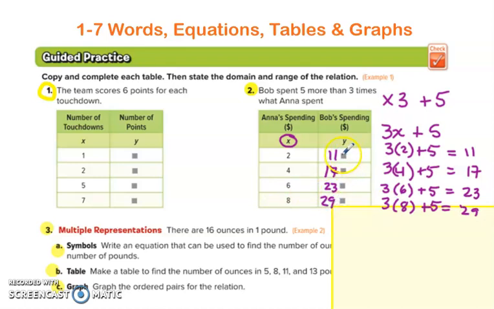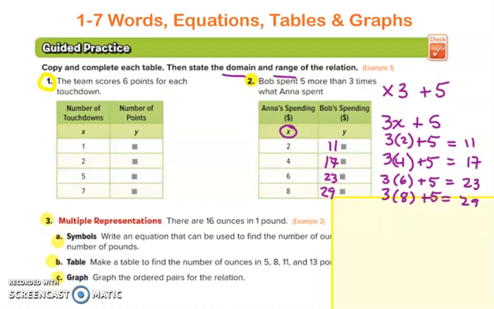I may ask for you to write down all of these in this column, and then I may not. I may ask for just one of them. What is the value for 8? Or I may ask for the domain and range, because we've got to talk about that next. So your x values are always the domain.